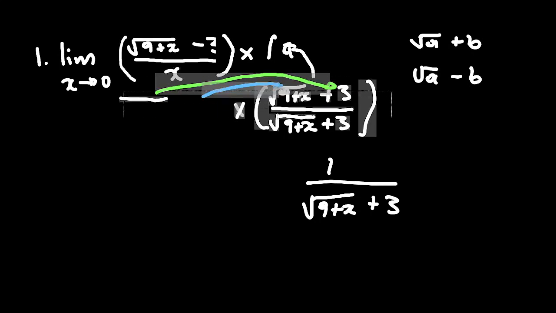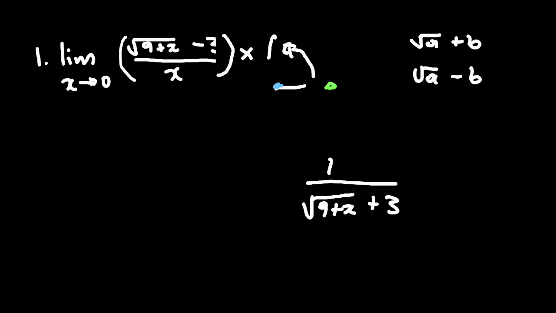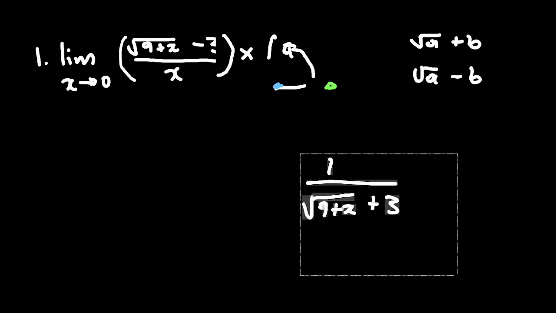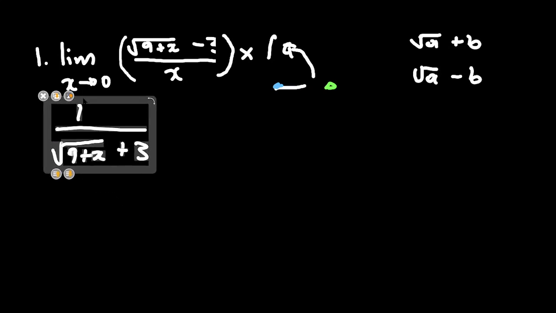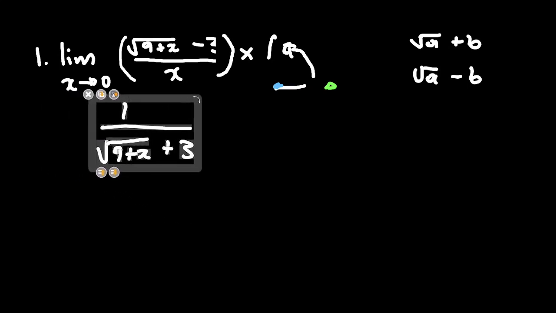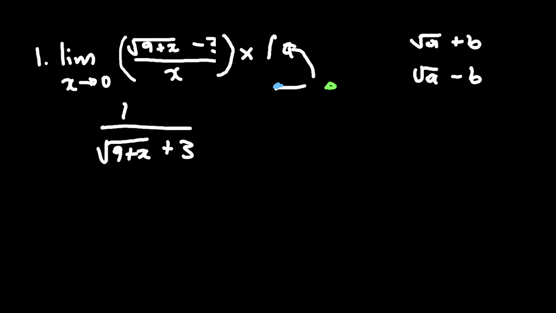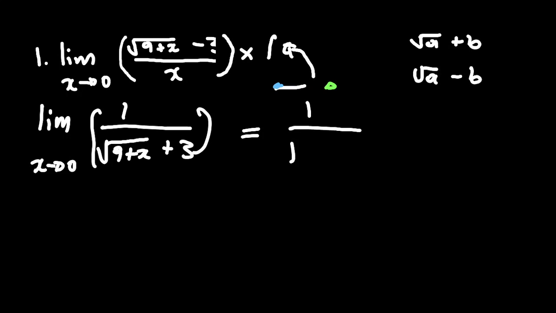So I can come with my direct substitution, saying that the limit as x approaches 0 of this left part here is indeed equal to 1 over square root of 9 plus 0 plus 3.